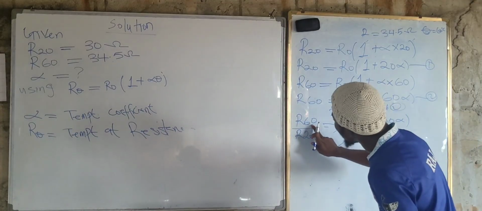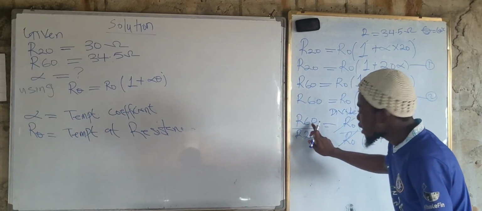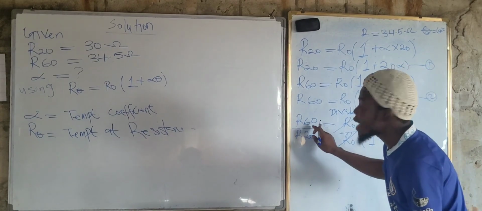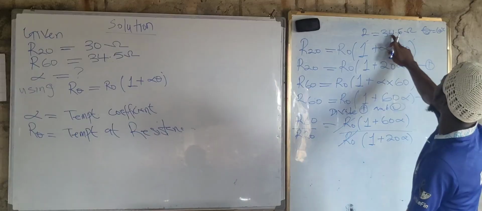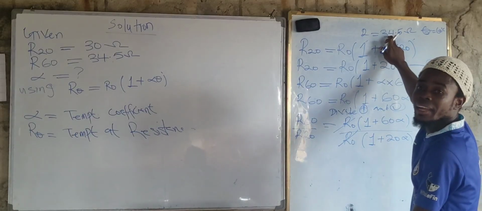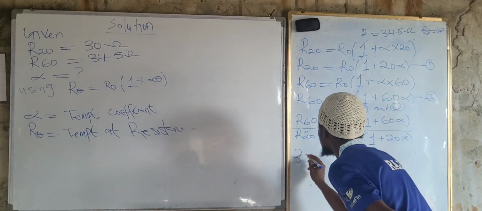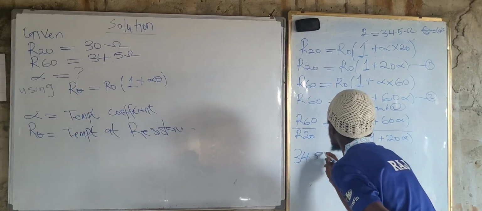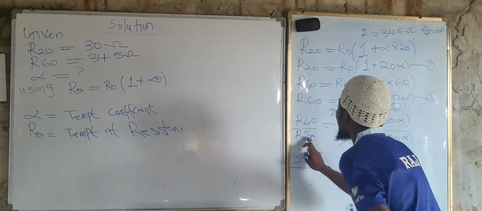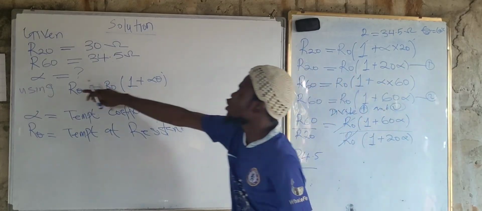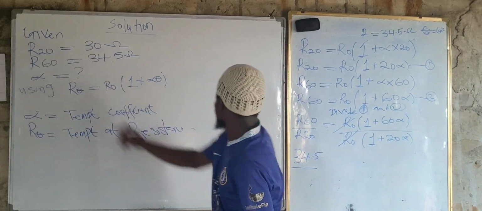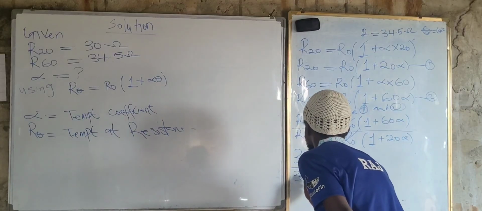Now, mind we have a value for this. When the temperature was at 60 degrees Celsius, what was the resistance? 34.5. So you have 34.5 all over 30, when the temperature was 20 degrees Celsius, 30 ohms.